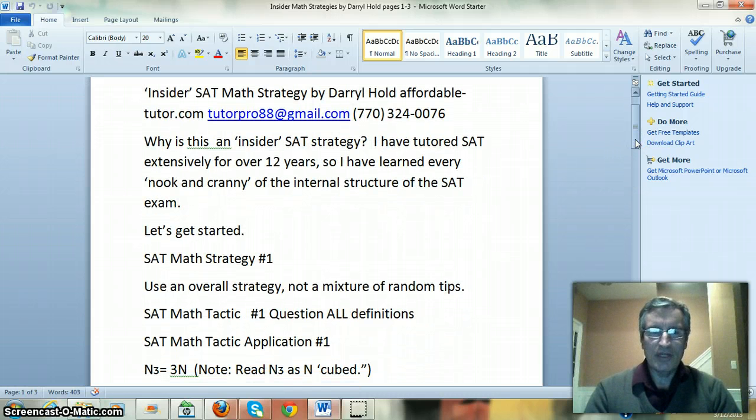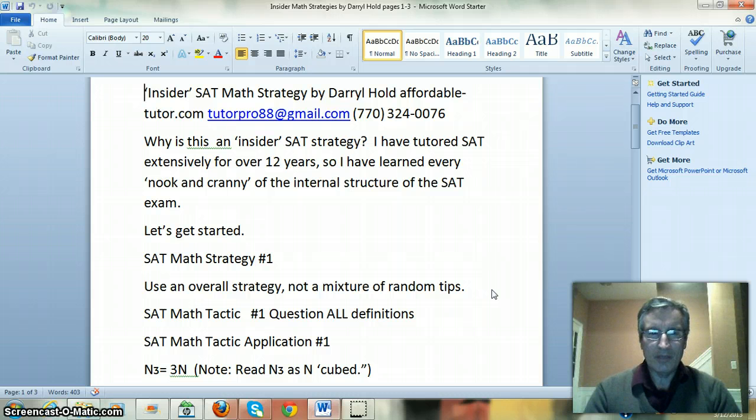SAT math strategy number one. You want to use an overall strategy, not a mixture of random tips. So it's fine if you have the SAT math question of the day. That is excellent. Go ahead and use that.